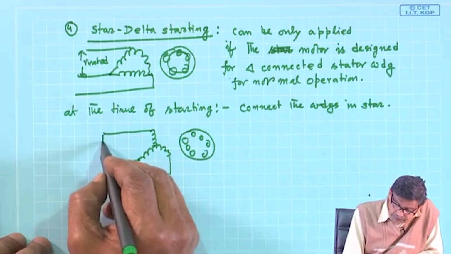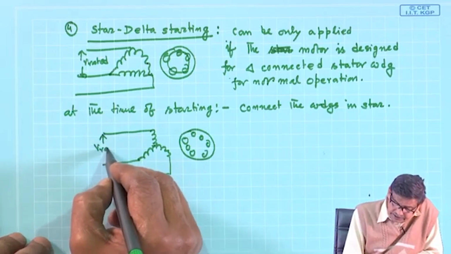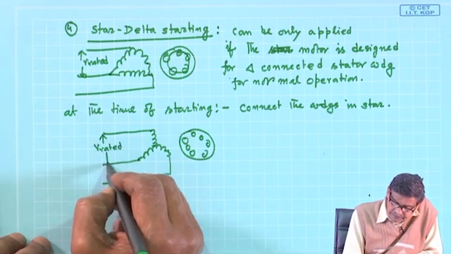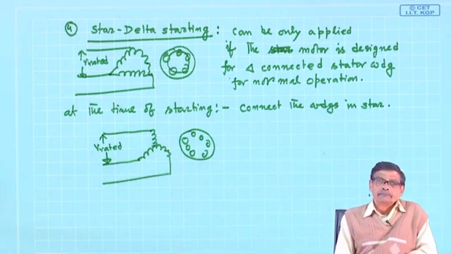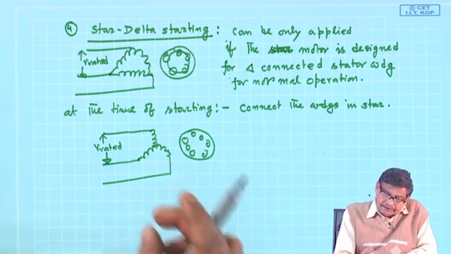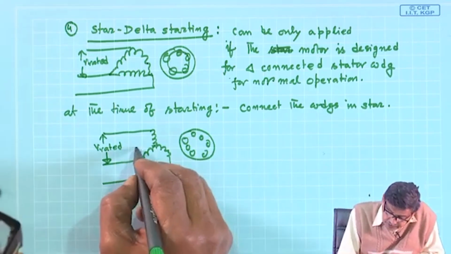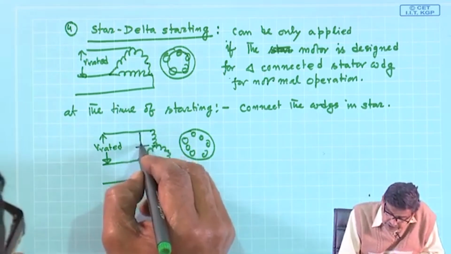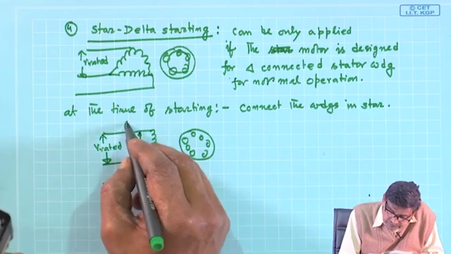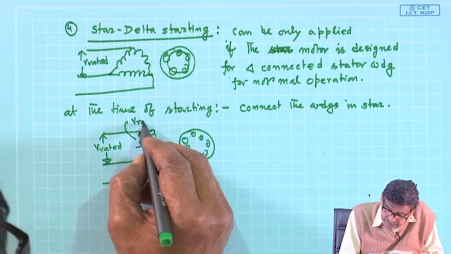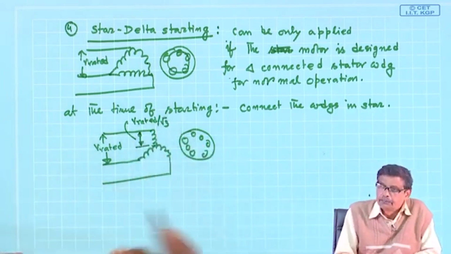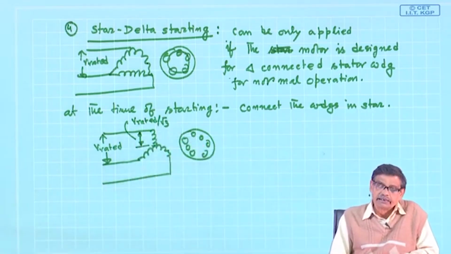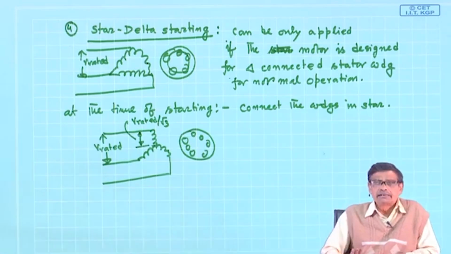And apply rated voltage line to line, which is here V rated, this is at start. Then the applied voltage across the winding will be √3 times less. I have neither purchased an auto transformer nor a reactor.